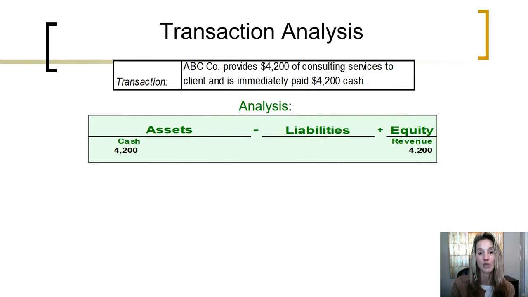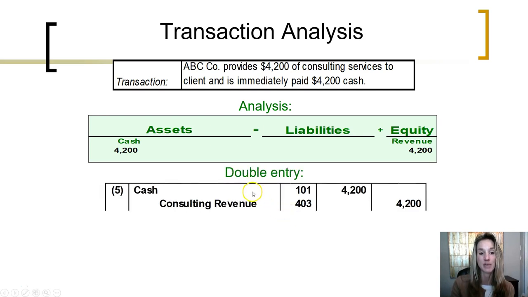ABC provides $4,200 of consulting services to the client and is immediately paid $4,200 in cash. Assets are increasing, cash is increasing, equity is increasing, revenues have been earned. Revenues are recorded as soon as they are earned.